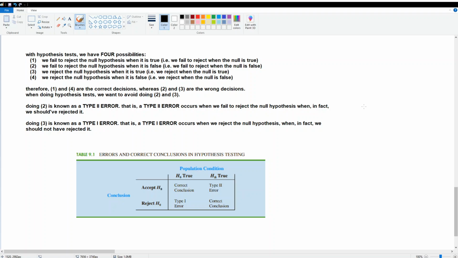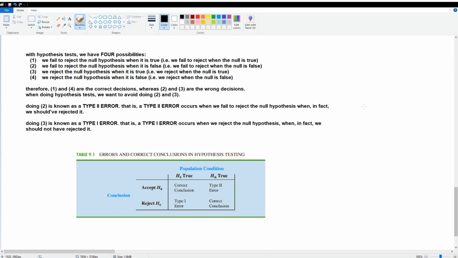We have definitions for these. Failing to reject the null when it's false is known as a type 2 error. So a type 2 error occurs when we fail to reject the null when, in fact, we should have rejected it. And number 3 is a type 1 error, which occurs when we reject the null even though we shouldn't have.